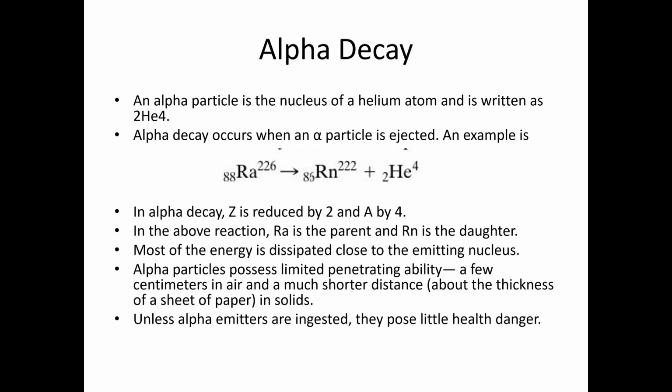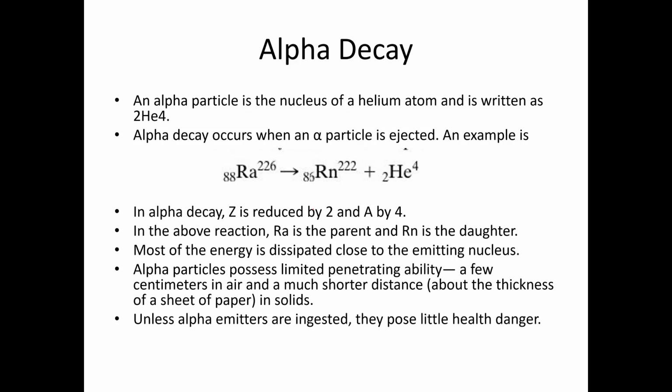Alpha decay occurs when we have radium-226, which emits an alpha particle and reduces down to radon-222. So in alpha decay, Z, the atomic number, is reduced by 2, and A, the mass number, is reduced by 4.